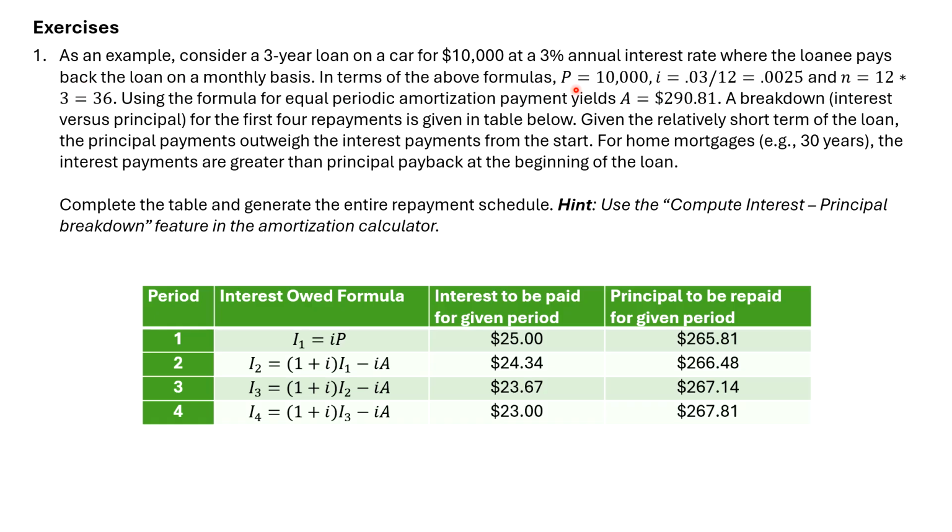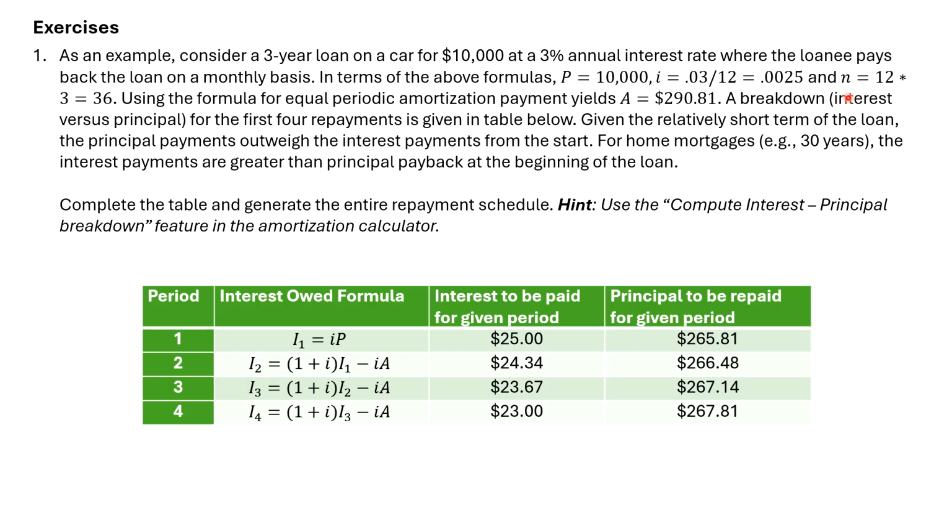In terms of the above formulas, I'm referring to the formulas I had done in the previous lesson. The principal was $10,000. The interest rate per period was 0.03 divided by 12. The number of periods was 36. Using the formula for equal periodic amortization payment yields, and this is the value here, $290.81.